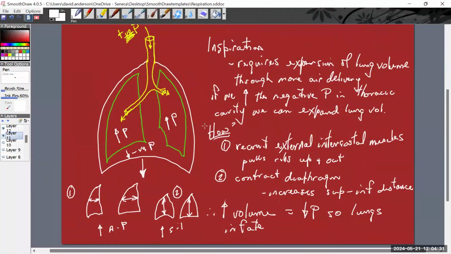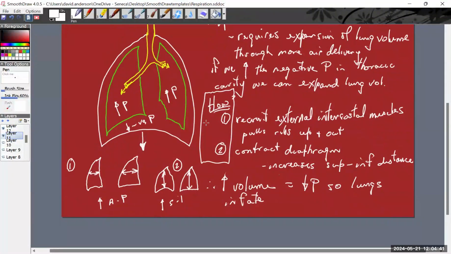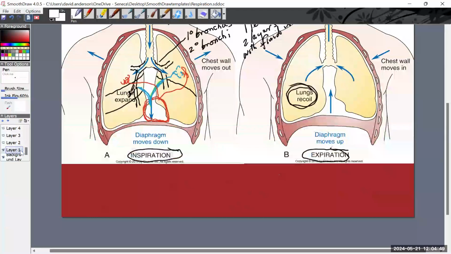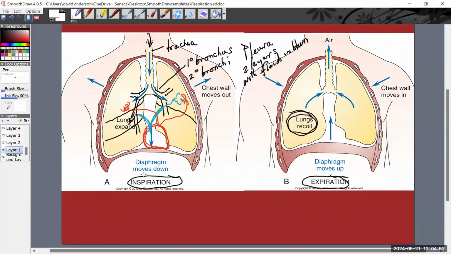How did we do it? We recruited and contracted two groups of muscles, the external intercostal muscles and the diaphragm. Okay, so never mind the writing. In inspiration here, the diaphragm moved down, and the ribs were up and out because of the external intercostal muscles.